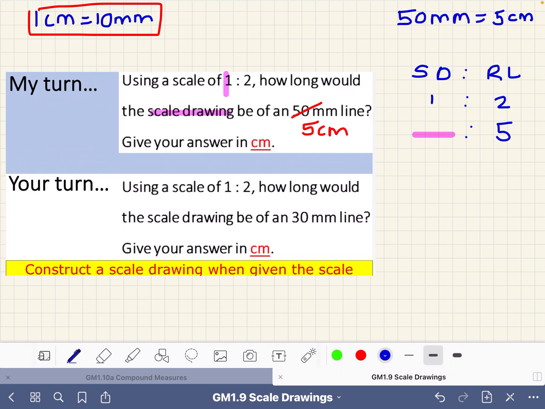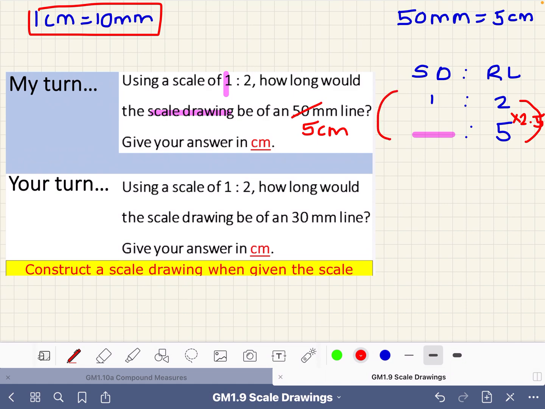Now we can see here the conversion isn't as easy as you may have seen before. We would need to see how many times 5 can be divided by 2 to work out what our conversion is. Now we may be able to spot that 5 divided by 2 would be 2.5, which means we would need to multiply 2 by 2.5 to get 5.